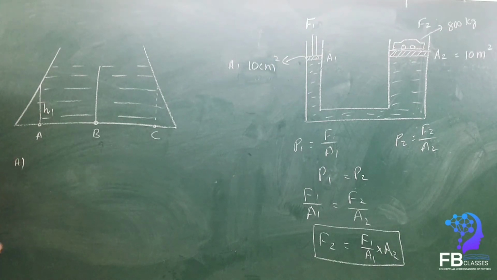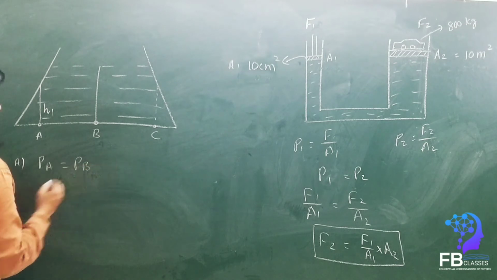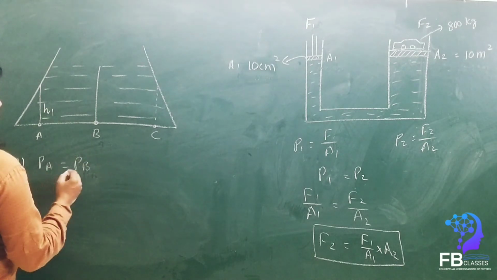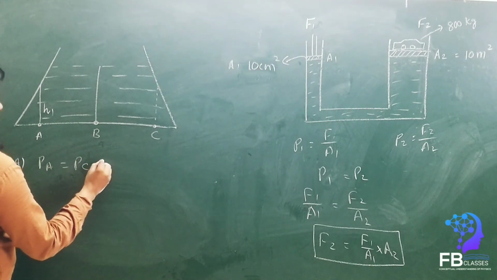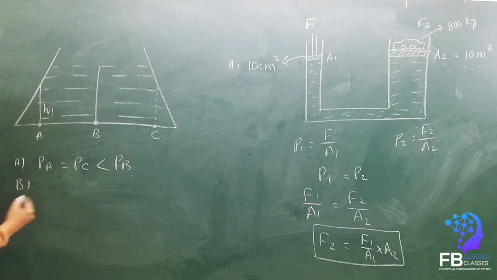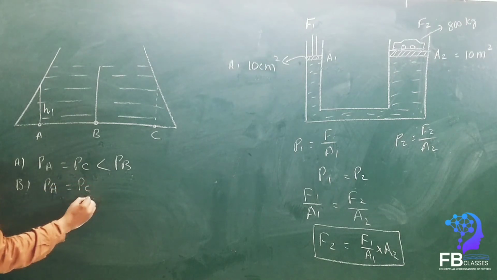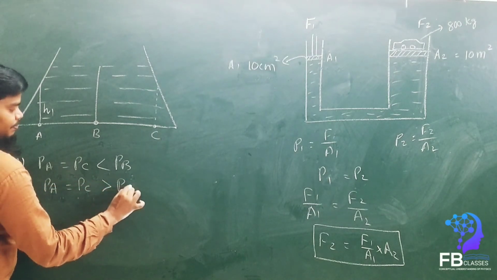Option A: PA is equal to PC is less than PB. Option B: PA equal to PC is greater than PB.